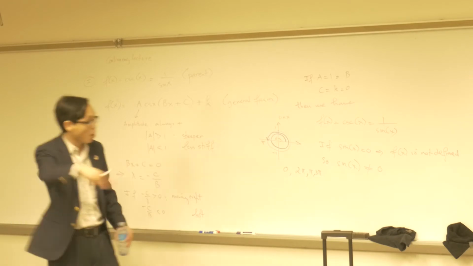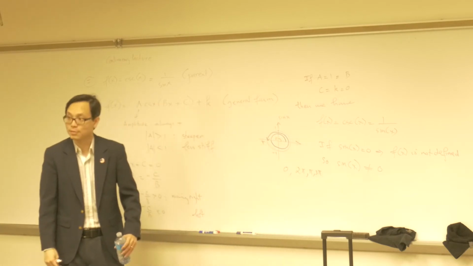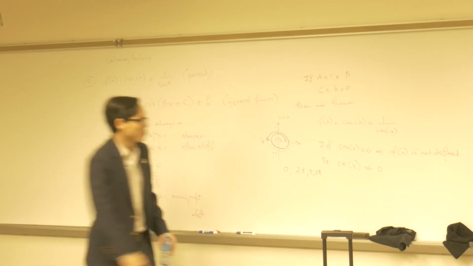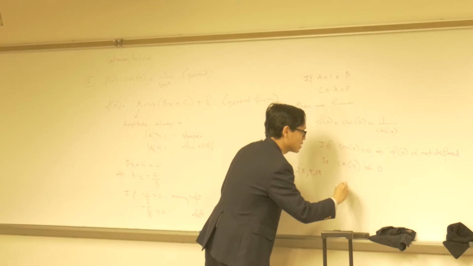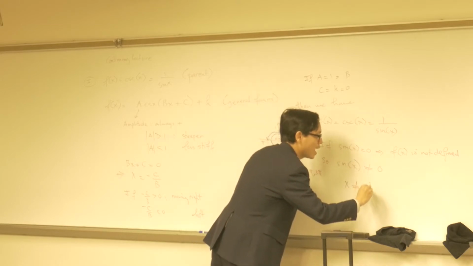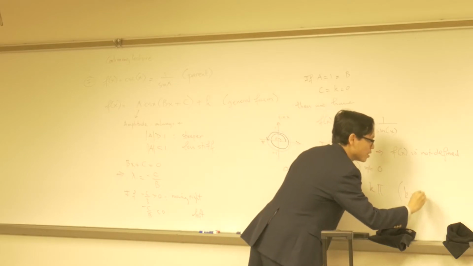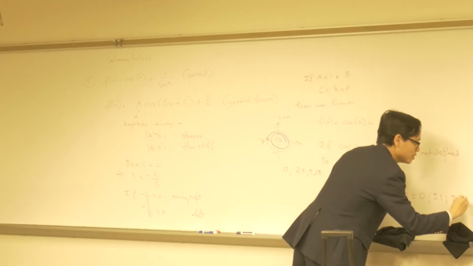Or I can go backward. How about negative pi? It still turns out to be 0. Or negative 2 pi. So I can write sine of x different from 0 if x is different from k pi, with k being 0, plus or minus 1, plus or minus 2, and so on.